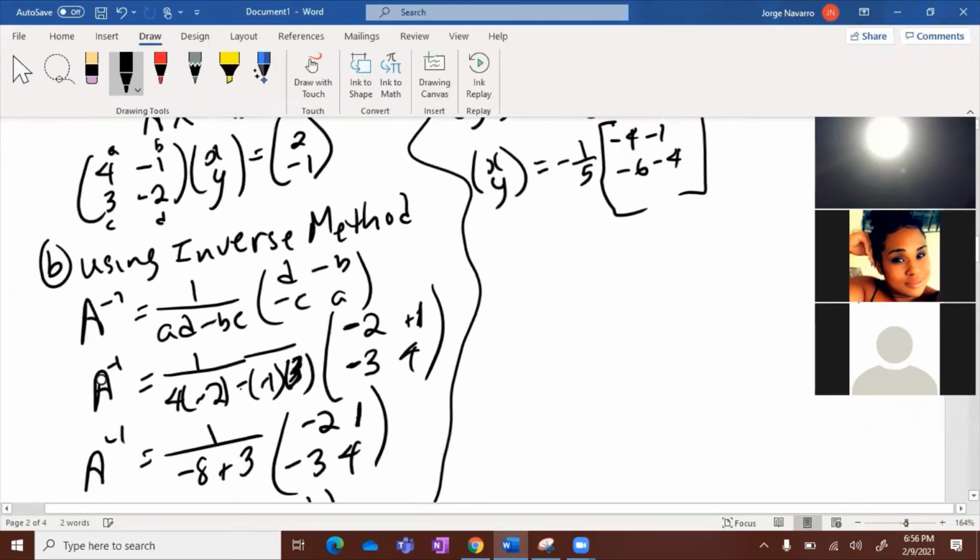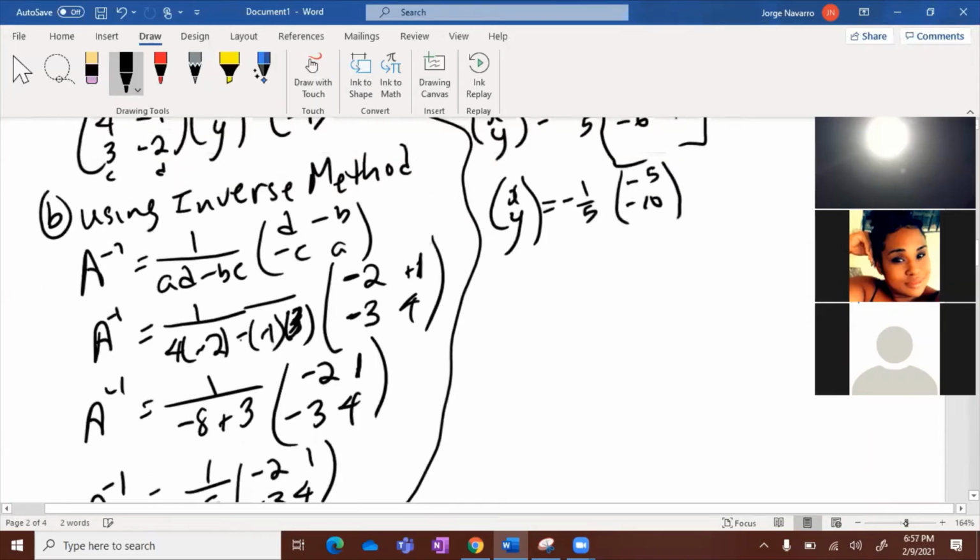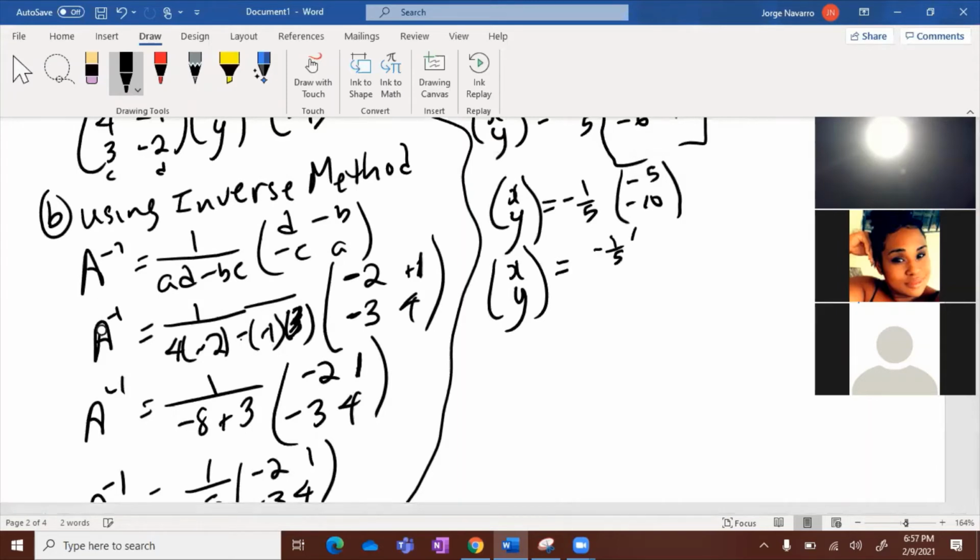So hence we have [x; y] is equal to -1/5 times [-5; -10]. So because of the -1/5, we know that this will become all positives. So this will be -1/5 times -5, -1/5 times -10.